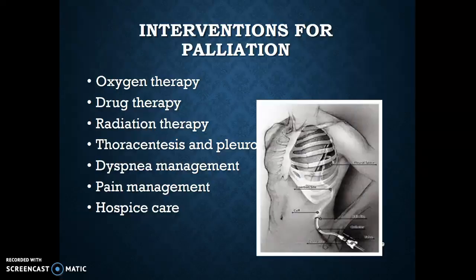And when they have a fluid buildup from the cancer growth, they may have a mechanism for hooking that up and creating a suction type drain just temporarily to relieve some of the pressure and improve their breathing. Even though it's a temporary measure, it does give them a more comfortable existence or quality of life while they're managing the end stages of their disease.